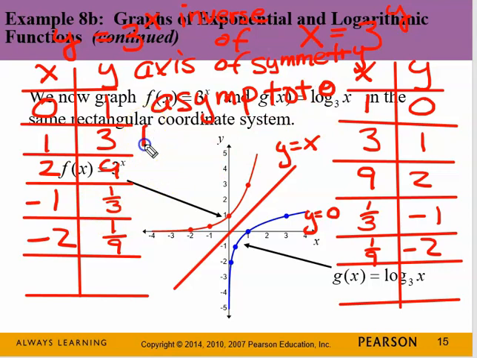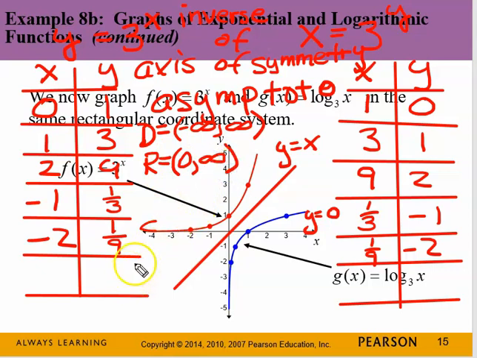Now, what's the domain and range of each of these? Well, the domain of our exponential function, this line eventually goes off to negative infinity in that direction and over to the right in positive infinity. The range now are the y values. It's going to start, never reaches 0, so parentheses to indicate it never reaches 0, and then to positive infinity.